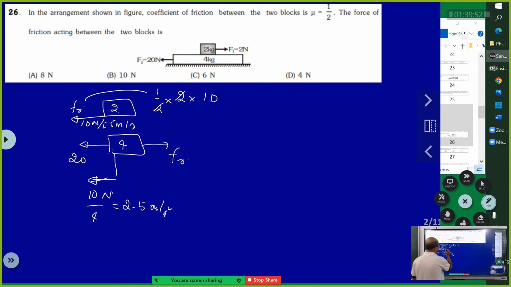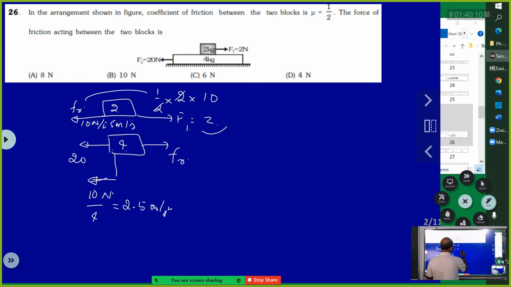Now if I add this F1 to this, then what is the relative force between the two? F1 is 2 newtons. So here it is 10 newtons on this side, 2 newtons on that side.